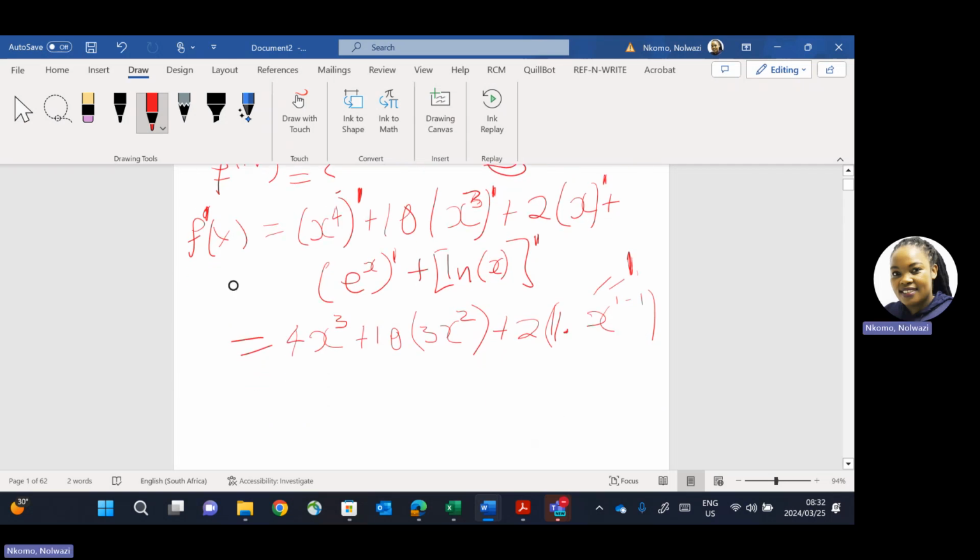Okay. Then plus, if you differentiate e to the power x, you will get e to the power x. Remember, you get the same function, it comes back as it is. So it's plus e to the power x. But if you differentiate ln x, what do we get? We get 1 over x, right? So it's plus 1 over x.